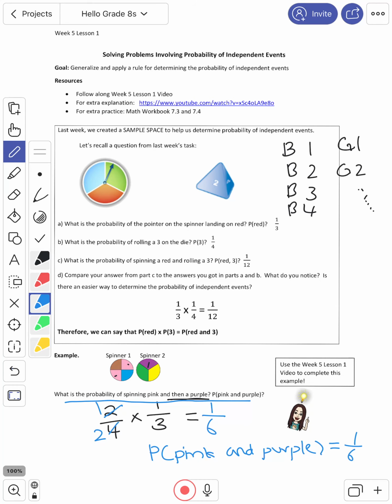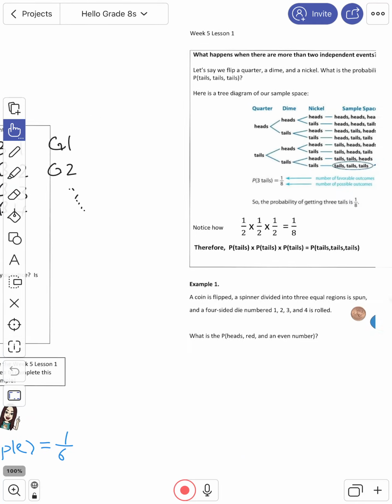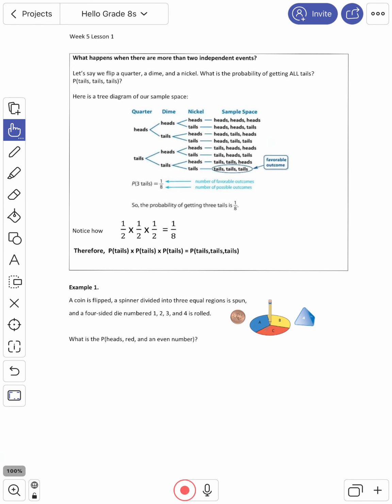Because we multiply the probability of getting pink, which is 2/4, reduced to 1/2, times the probability of getting a purple, which is 1/3. And our final answer is 1/6. Isn't this so much quicker than creating a sample space?